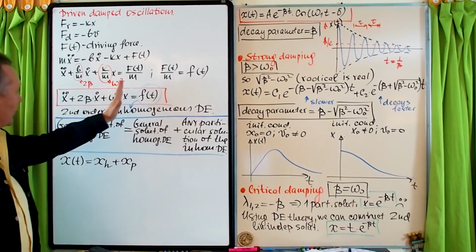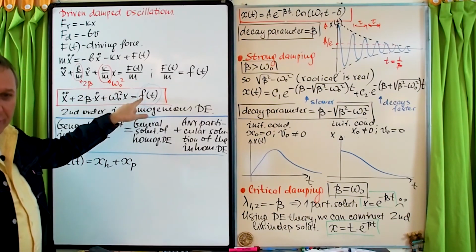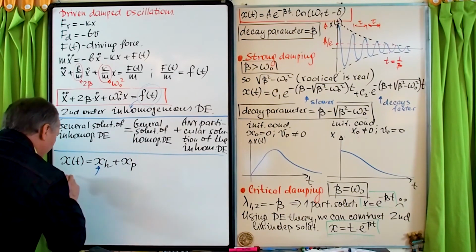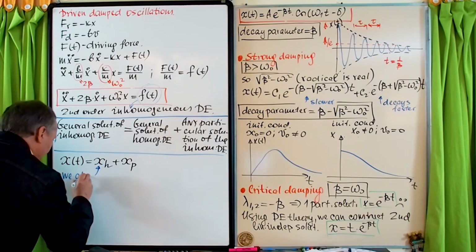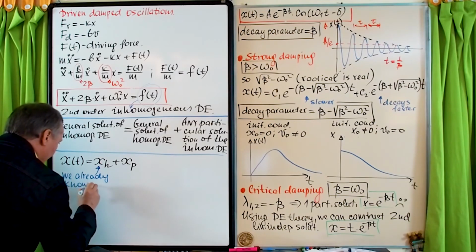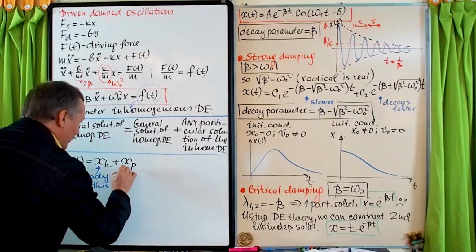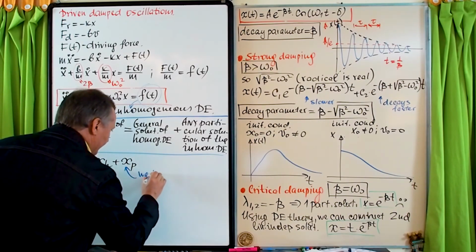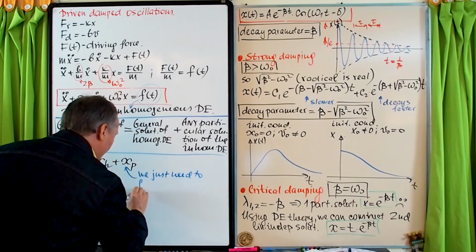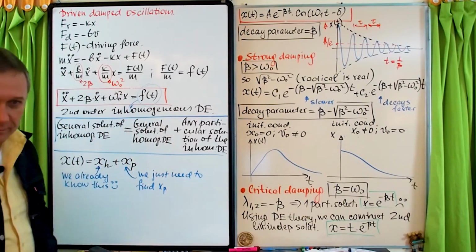That's what we've been doing in this class: solving this equation when it is equal to 0. So we just need to find x p somehow.